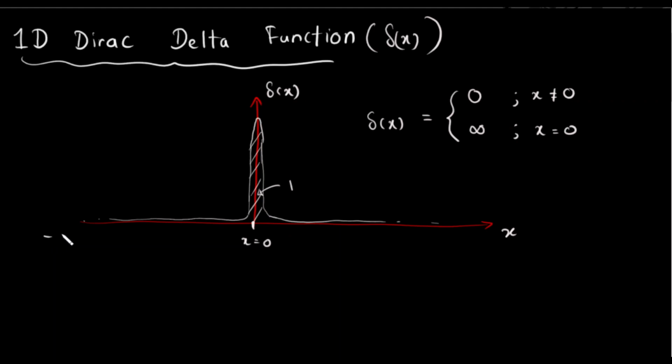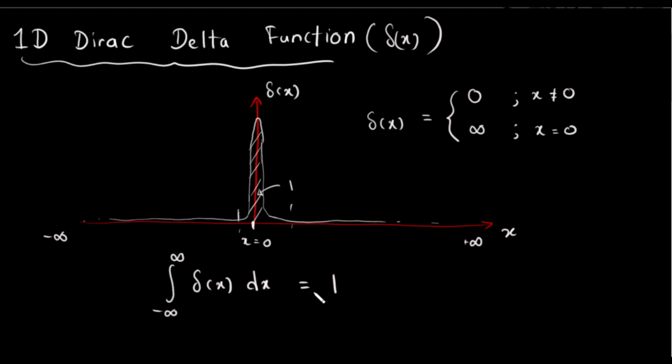And if the function starts from minus infinity and goes to plus infinity, if we integrate the delta function from minus infinity to plus infinity, we will get 1, because the delta function has a value only when x equals 0, and when x is not equal to 0, the delta function is going to be 0.